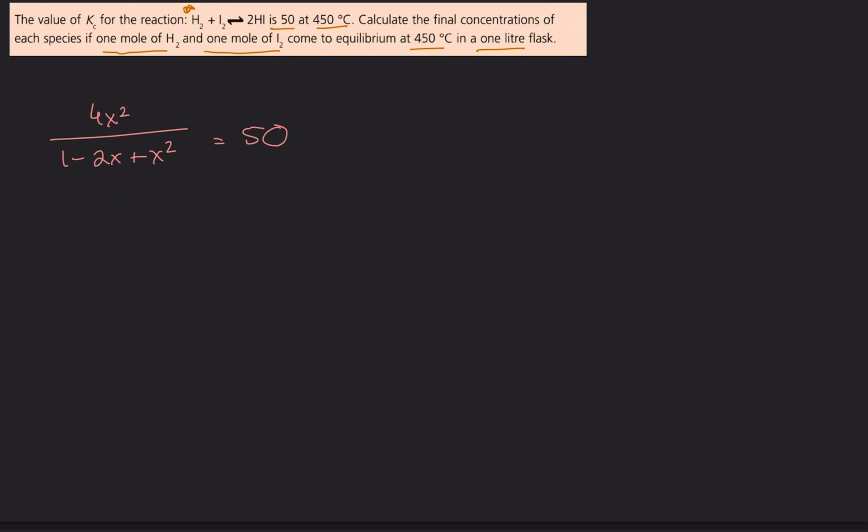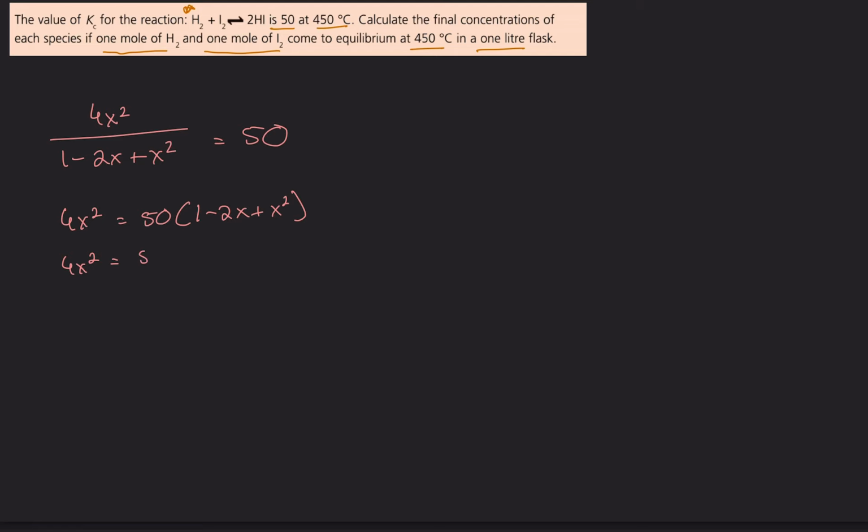Okay, so we're working with this. I'm just going to clean it up a tiny bit more, get rid of the fraction, and drag things around to make it look a bit nicer. So it's going to be 4x squared equals 50 times everything on the bottom. Continue on.